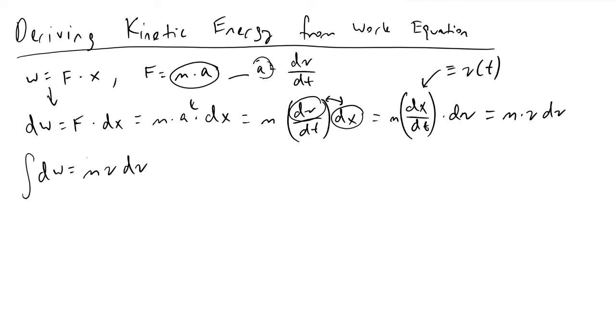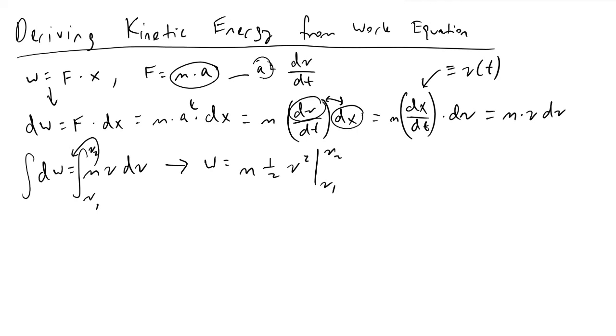If we integrate both sides of this equation, we'll make note of how mass is not a function of velocity. And what we're going to ultimately find is that work is equivalent to mass times 1/2 times v squared, integral from v1 to v2. I should put the lower and upper bounds in my integral right here.